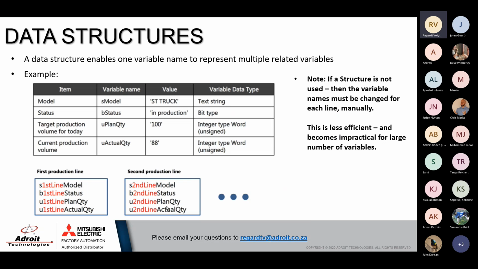Okay, so obviously you have your Hungarian notation, like S for string, B for bit, U for unsigned word, and then for each line, second line, production line, first production line, second production line, and also your variables which you want to read. For instance, your model: what model is it? Okay, it's a truck. What's the status of it? Oh, it's in production.